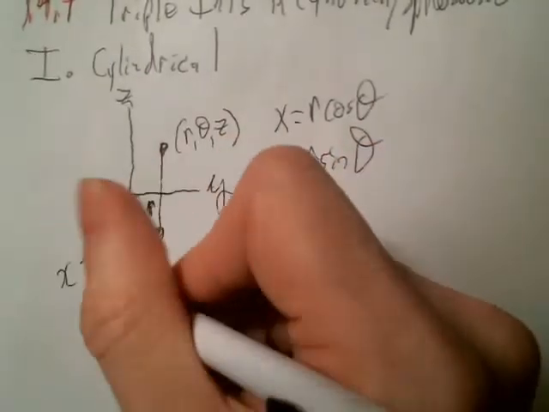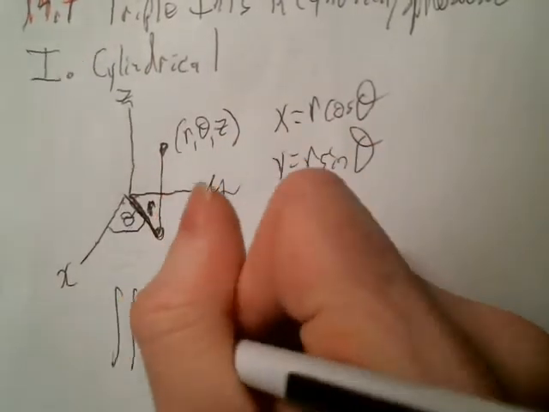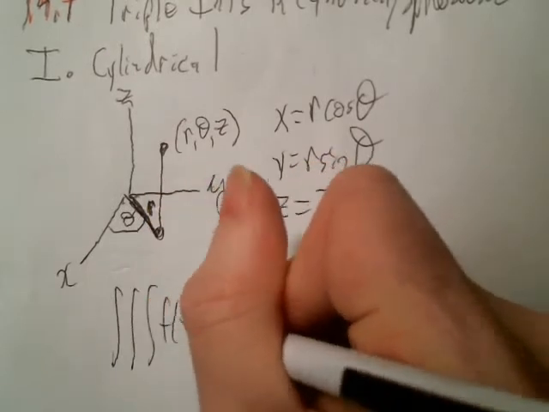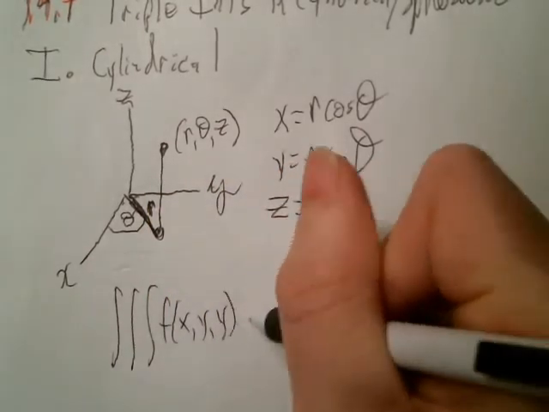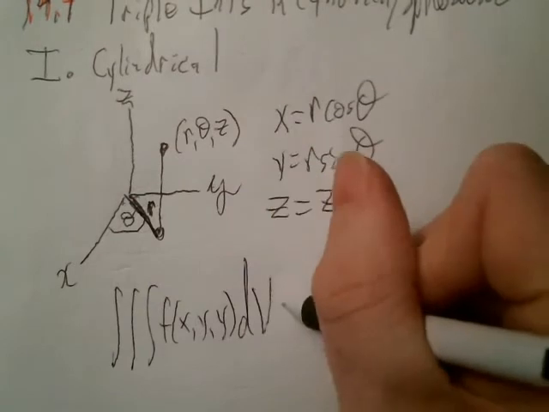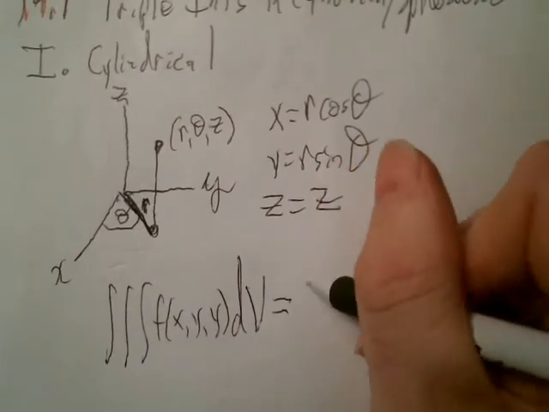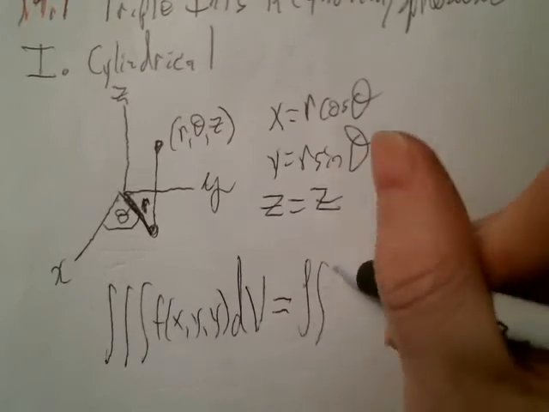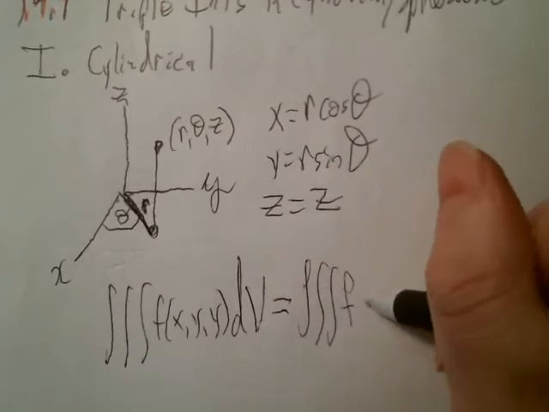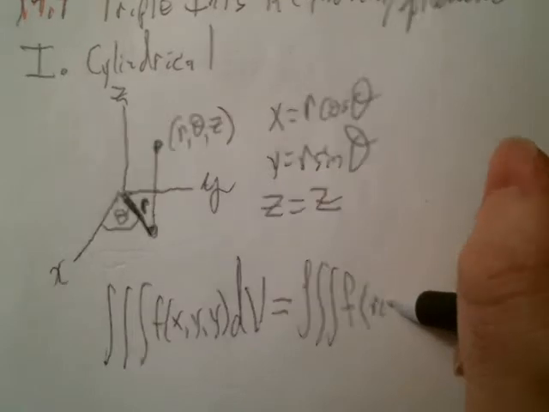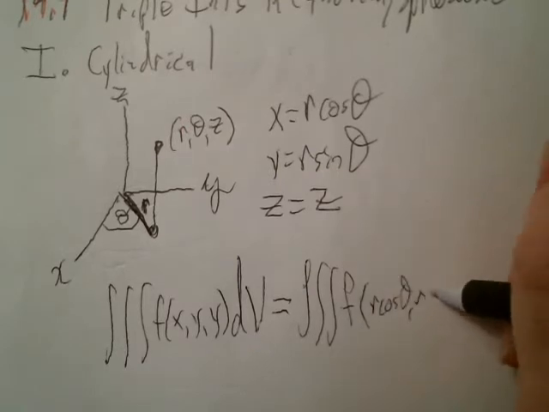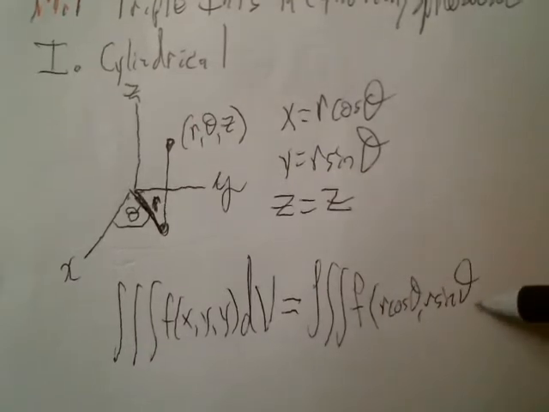So in this case, if you're given a triple integral in terms of x, y, z, and you want to move to cylindrical coordinates, you substitute in r cosine theta for x, r sine theta for y, and then you could just leave z alone.